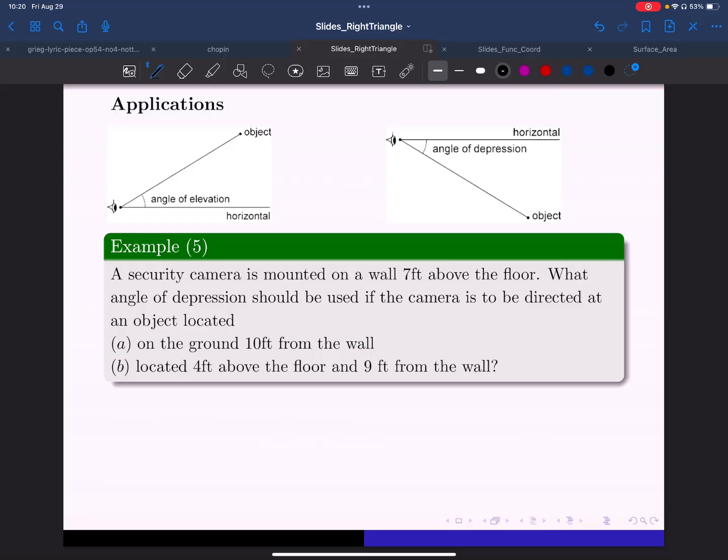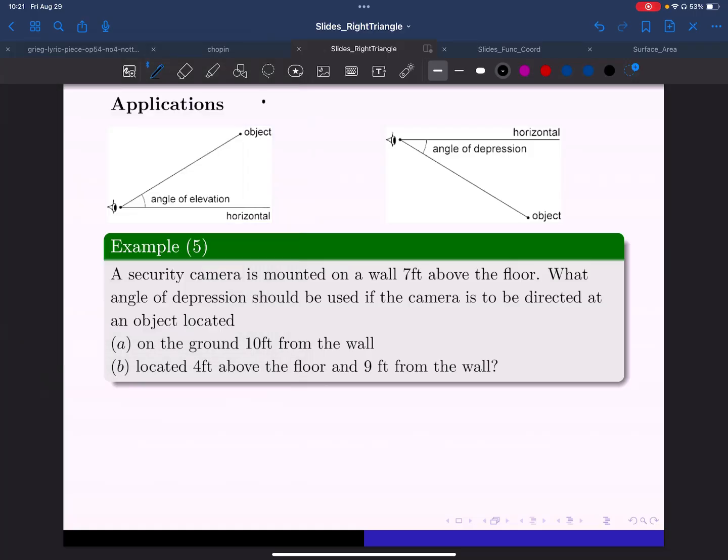Now we have application to word problems, and we need to know what is angle of elevation and angle of depression. So if you have a straight horizon, horizontal line, going up is called angle of elevation, and going down would be angle of depression.